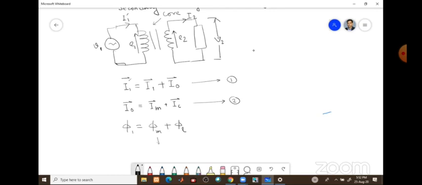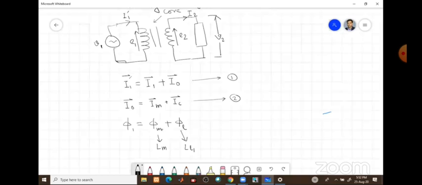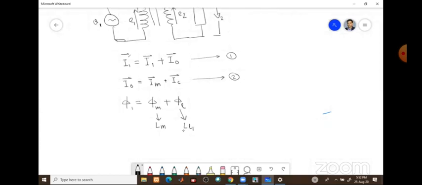Due to this mutual flux, we have some Lm, that is the mutual inductance, and due to this leakage flux, we have some leakage inductance. Due to both these inductances, there will be voltage drops.